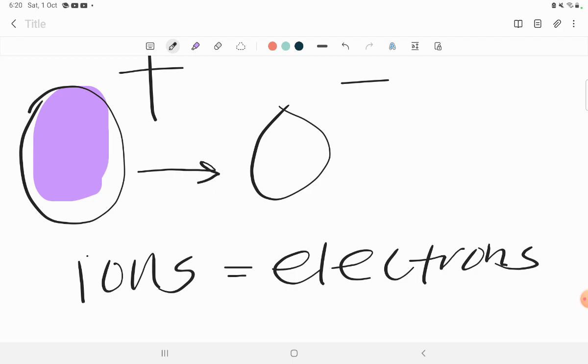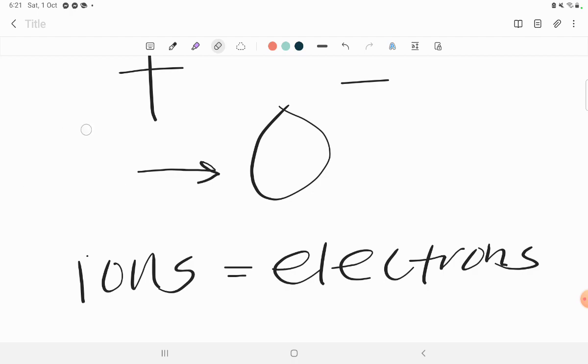So when it gives one electron like that... You know what? Let's just stop the explanation here. Just think of ions and electrons as relatively the same thing.